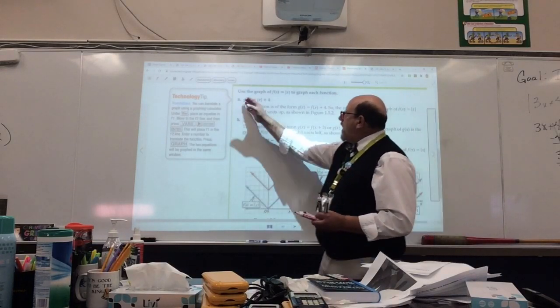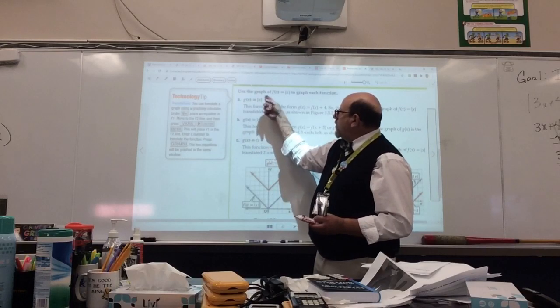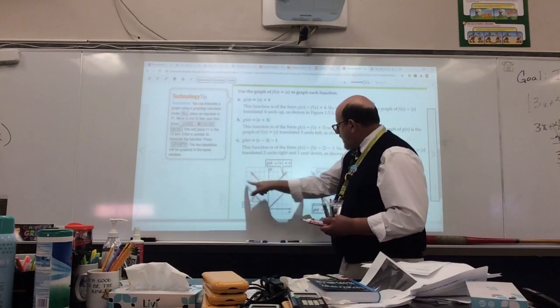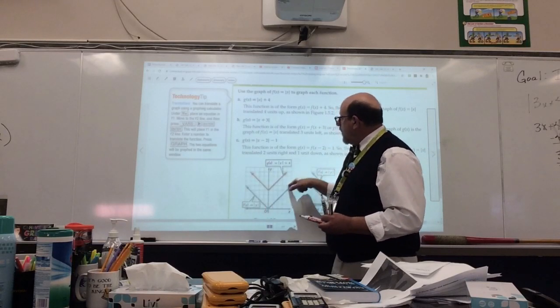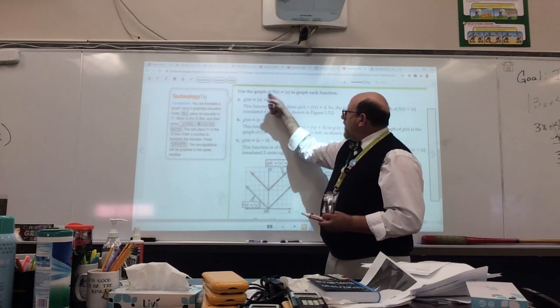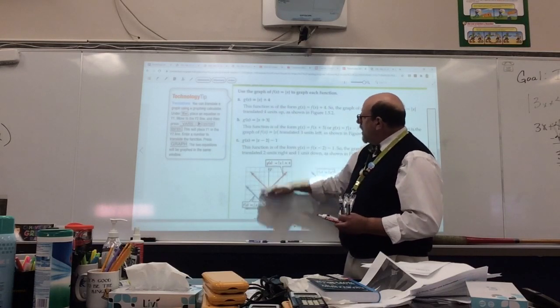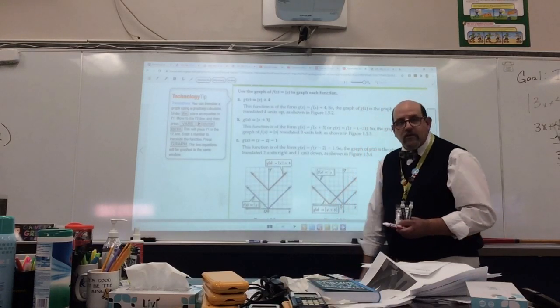If I look at g of x, its parent function is the absolute value of x, and that's this guy down here. And then we add 4 to it. Well, if we add 4 to it, just like it says here, that just means shift it up 4 spaces.